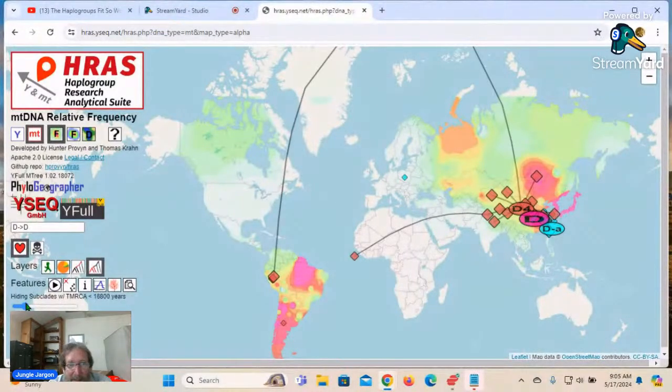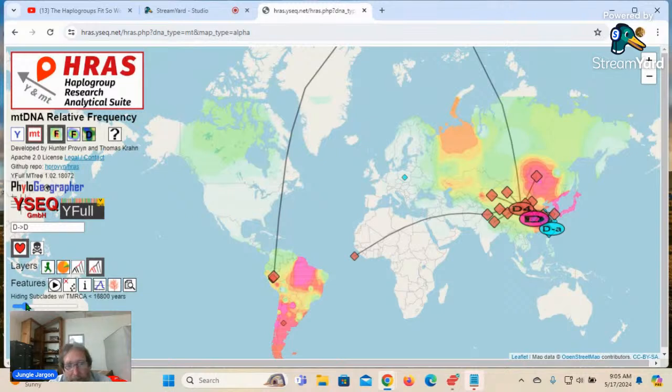Okay, here we have the exact same thing falling from the sky. We have the D haplogroup, which is landing in the exact same area as the other three. Now we have four confirmations of a haplogroup lineage going from the Old World to the New World, to Central America.